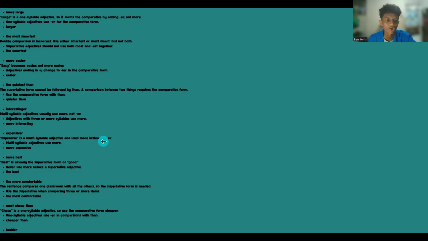Never use more before a superlative adjective. So the correct is the best. The more comfortable. The sentence compares one classroom with all the others. So the superlative form is needed. Use the superlative when comparing three or more items.